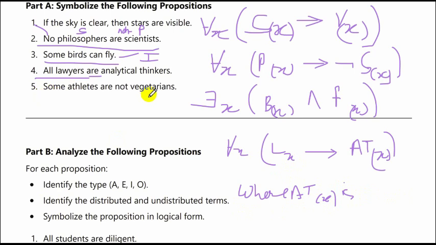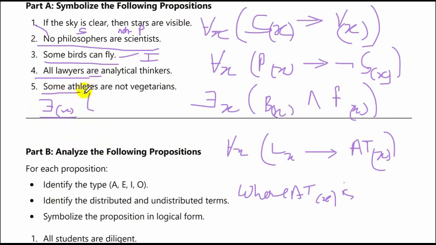Some athletes are not vegetarian. Some means again existential quantifier, so there exists some x. We'll look at the proper wording for this later on in the examples.